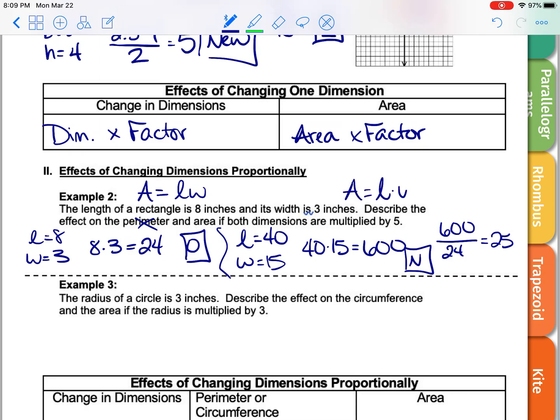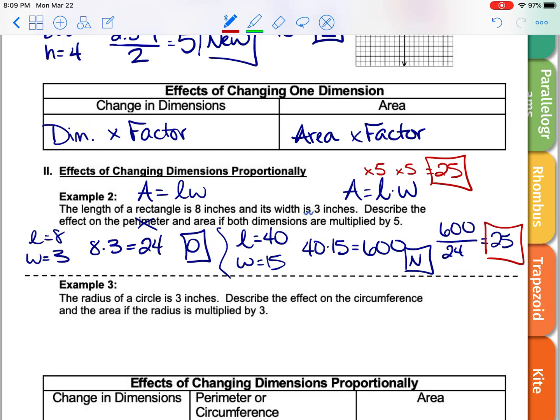Here's my formula. If I change my length by 5 and my width by 5, 5 times 5 is 25, I got the same answer. So it says describe the effect. That means it got 25 times bigger because we changed our length by 5 and our width by 5.